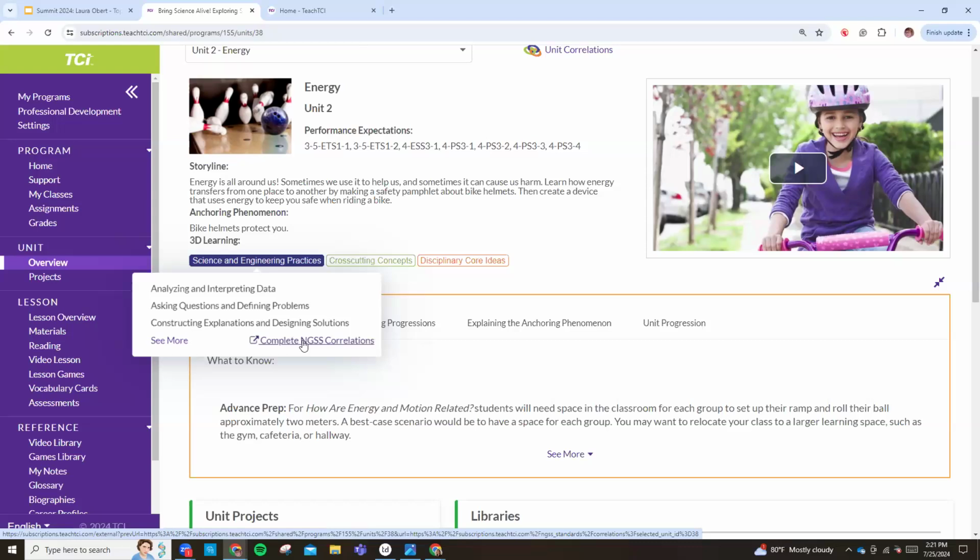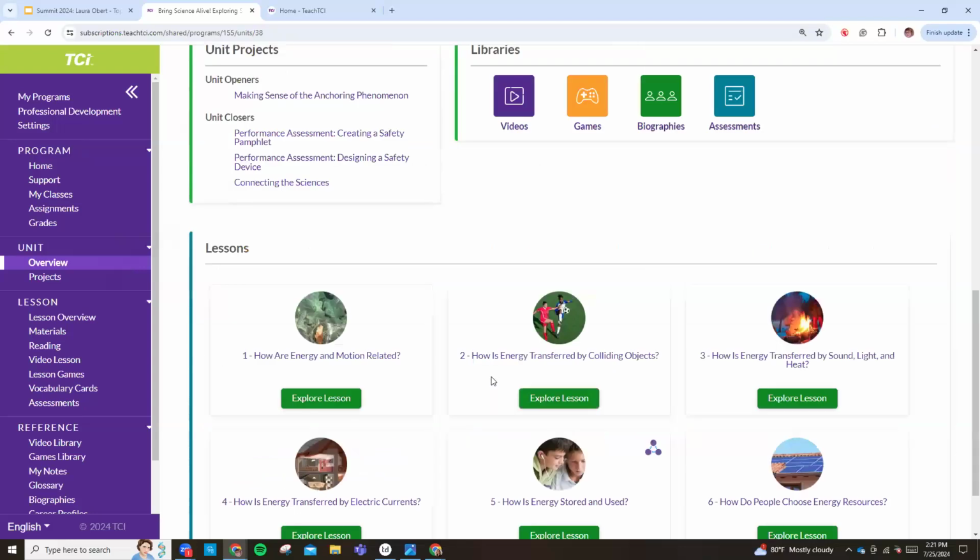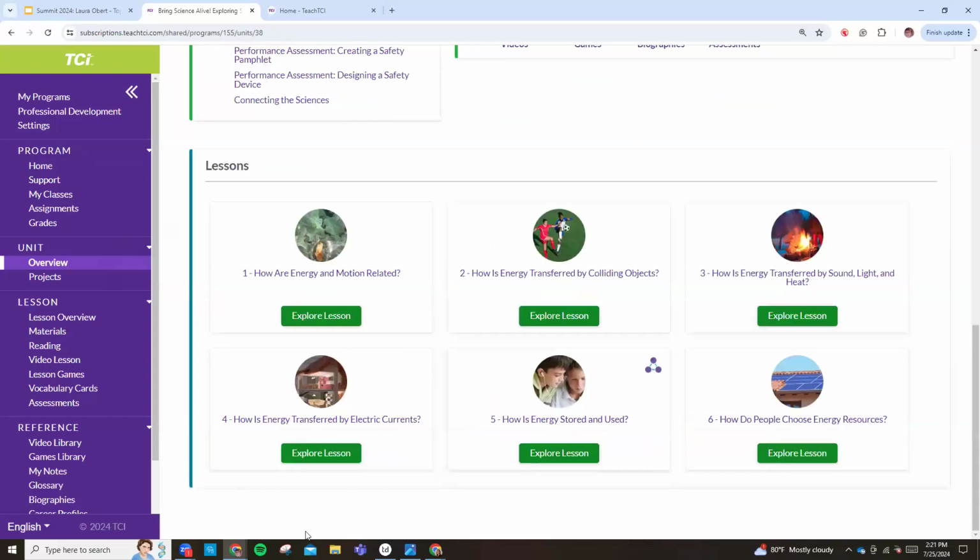Even if you're like, I know New Jersey has different standards, they're very closely aligned with NGSS, so you're still hitting on those SEPs, DCIs, and CCCs. You can click right in here and it's going to give you that 3-dimensional learning that's taking place. When you are getting ready to teach, your lessons are directly below.